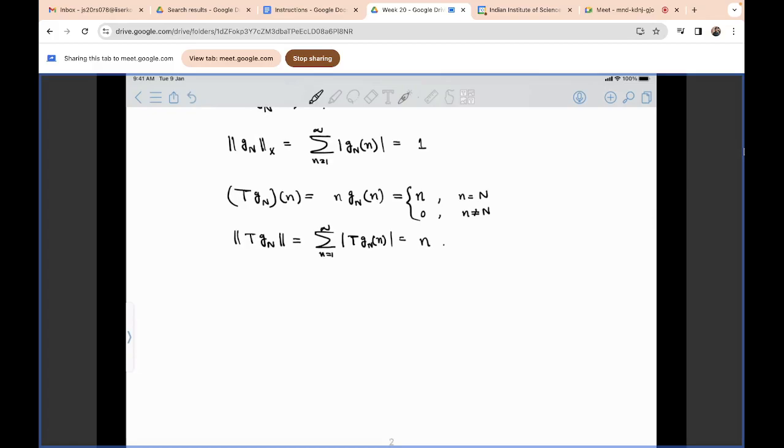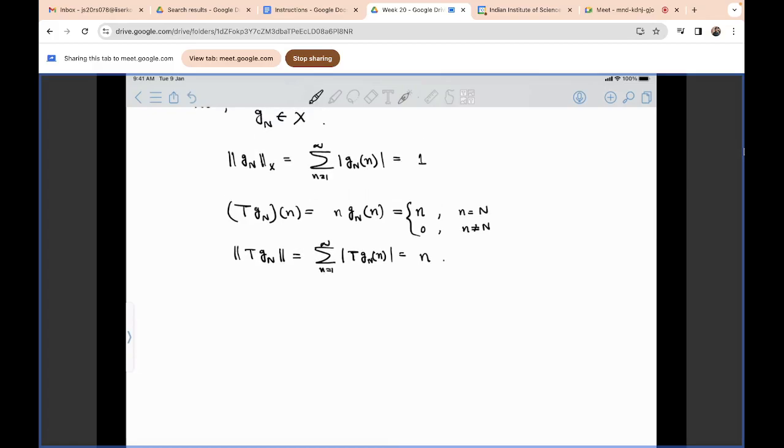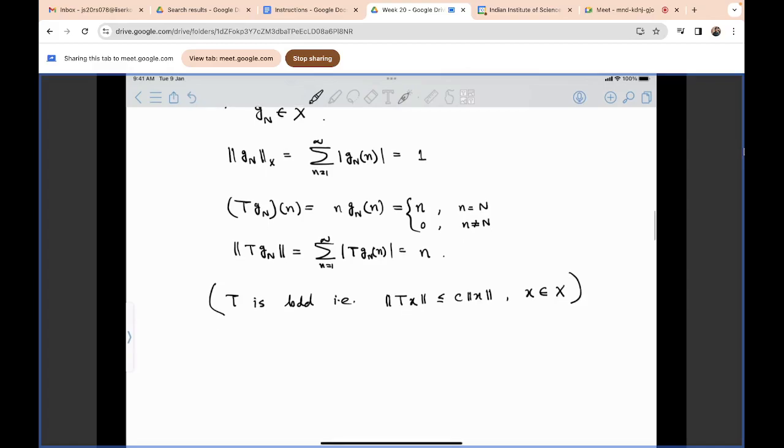And so can T be bounded now? Note that T is bounded means the norm of T of x should be less than or equal to C times the norm of x for all x in that space X, if T is bounded.